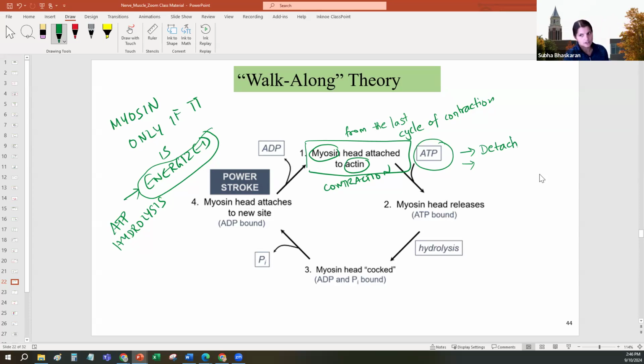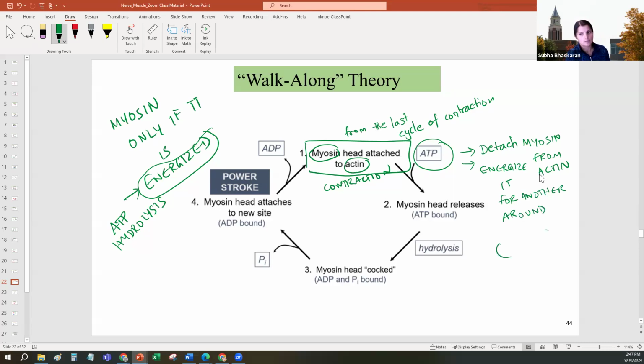So please understand, the first job of ATP is to detach myosin from actin, and then energize it for another round. Make sense, guys?